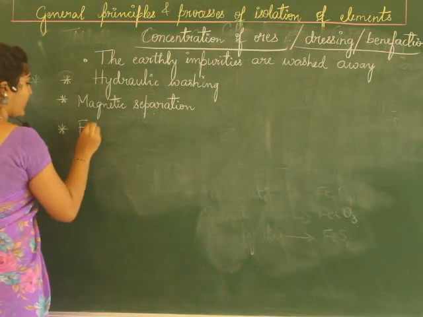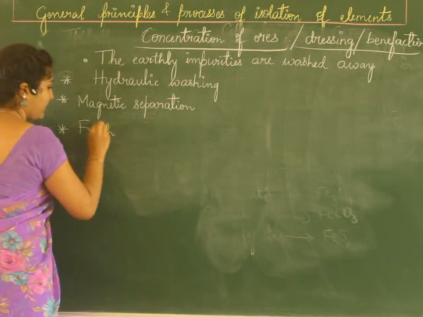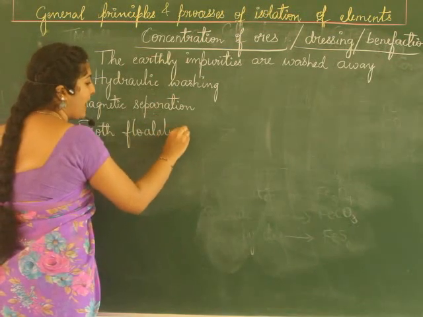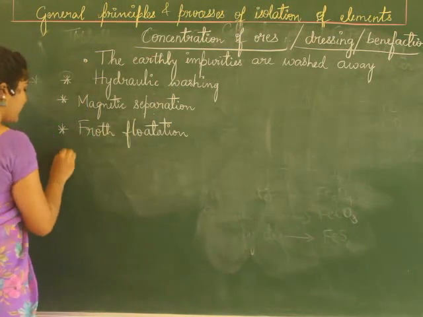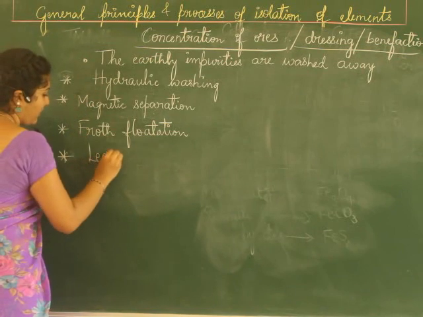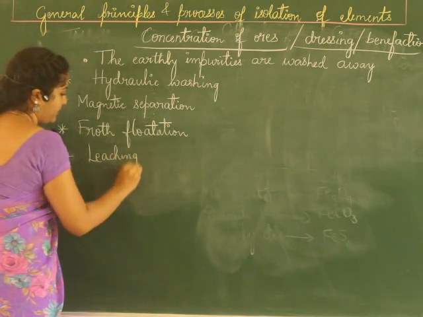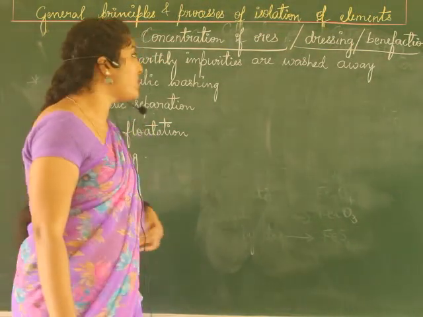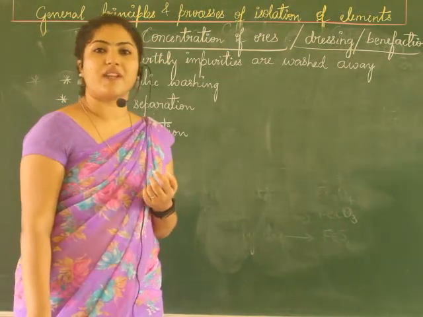Third one is froth flotation method, and the fourth very important one is the leaching process. These are the very important methods by which the concentration of the ores will be done.